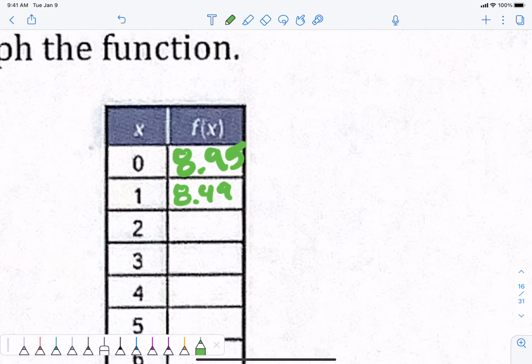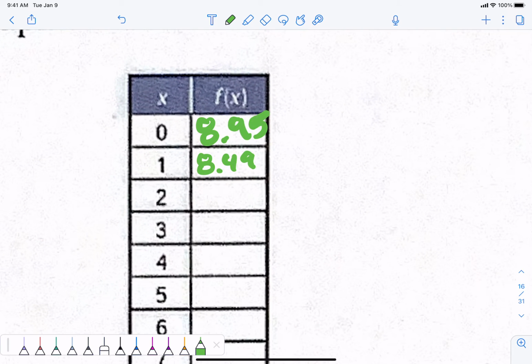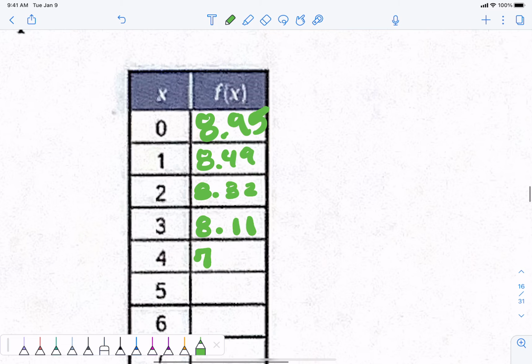I'll zoom in on the table. f of 2 is 8.32. f of 3 is 8.11. f of 4 is 7.69. f of 5 is 7.02.